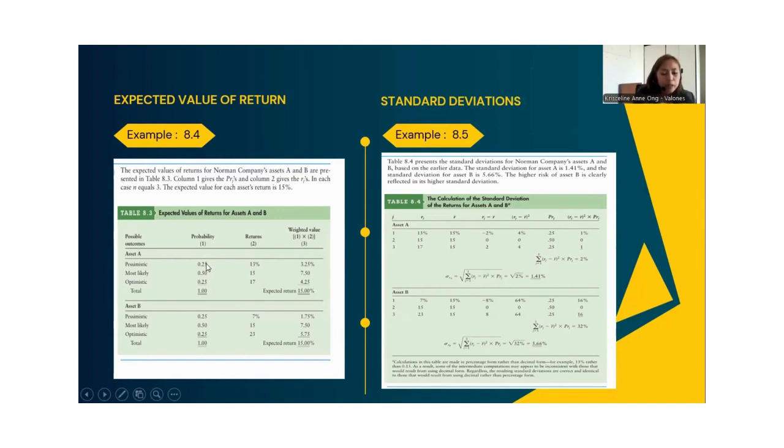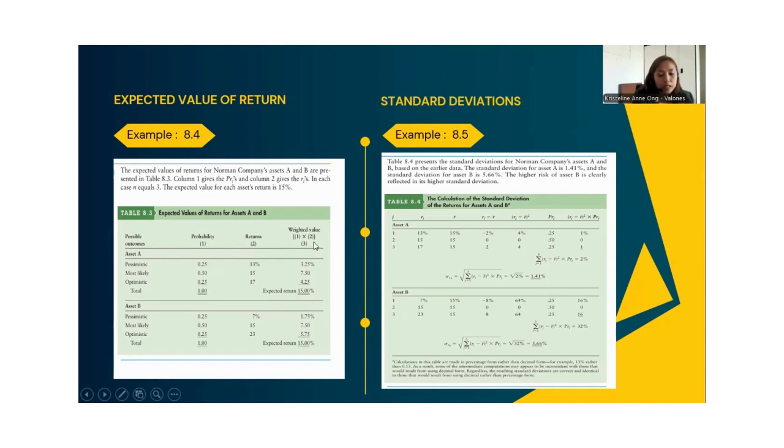When you multiply the probability times the annual rate of return, you will get the weighted value. So for example, the pessimistic 25% probability times the 13% return gives you 3.25%. And the total expected return is 15% for asset A and asset B.